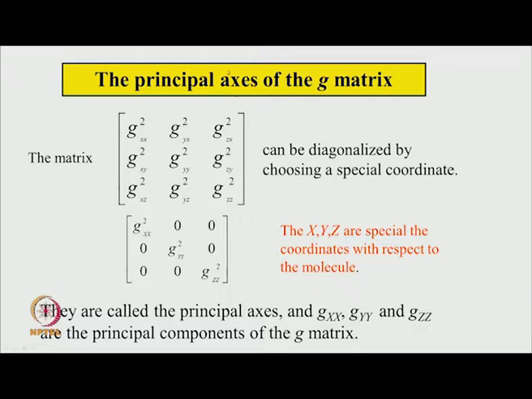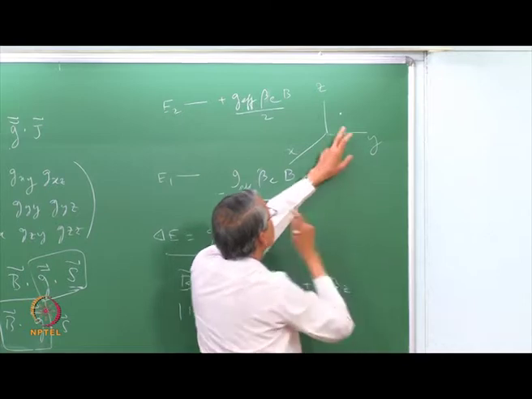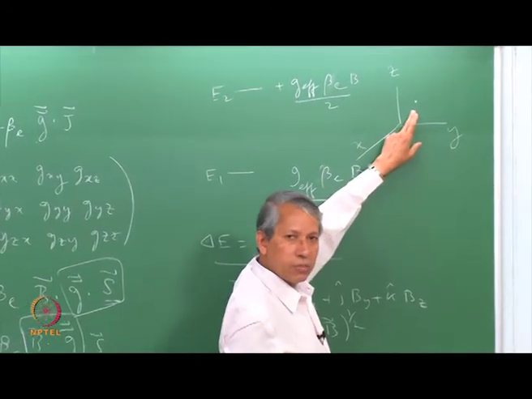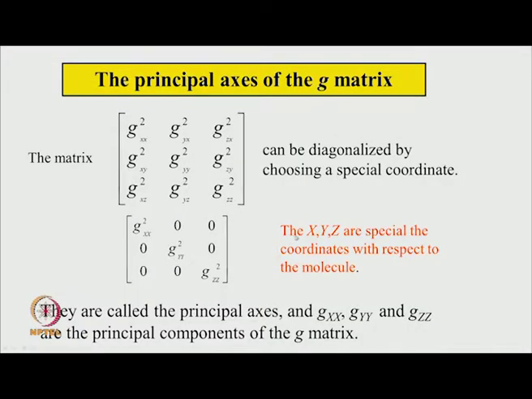Now, because it is a symmetric matrix, I can have a special coordinate system by suitably rotating this one, so that the G square matrix becomes a diagonal matrix. These special coordinates, let us say capital X, capital Y and capital Z, are the special coordinates with respect to the molecule.